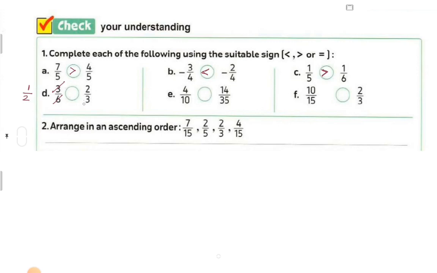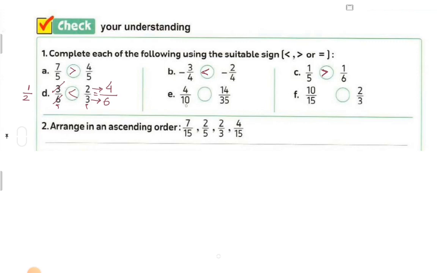Which one is the greatest or the smallest? Another way: we have here 6 and here 3. I can convert 3 to 6 by multiplying by 2. 2 times 2 equals 4. Now we have like denominator 6, and 4 is greater than 3.